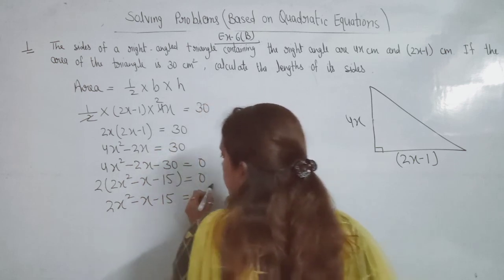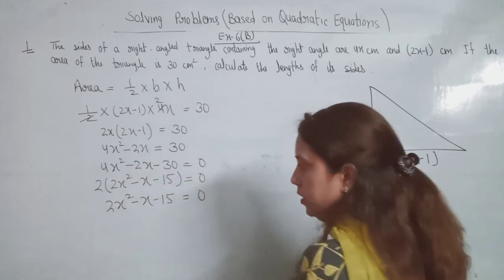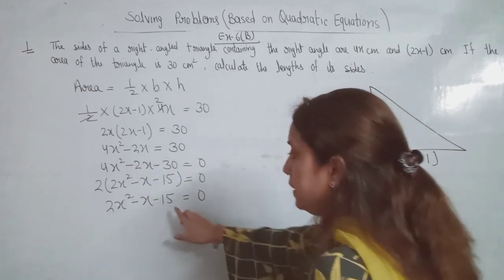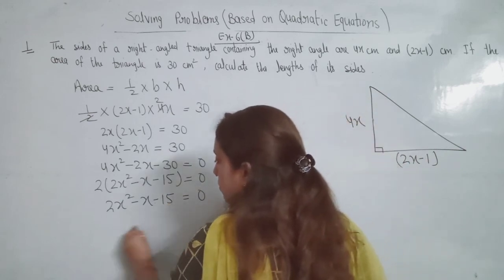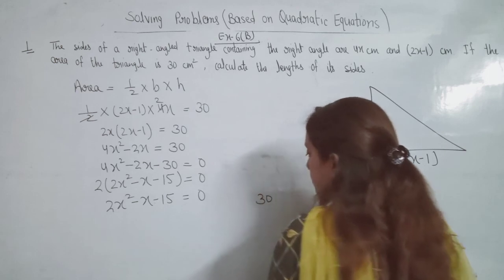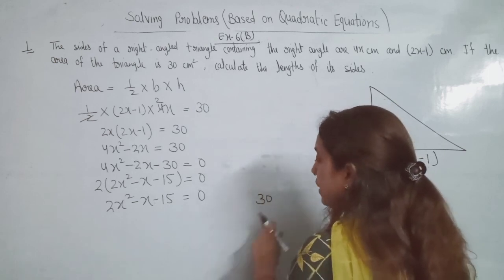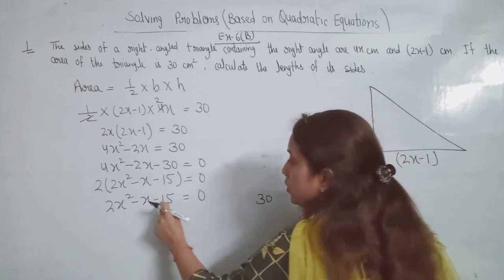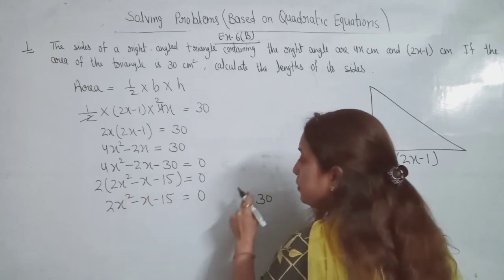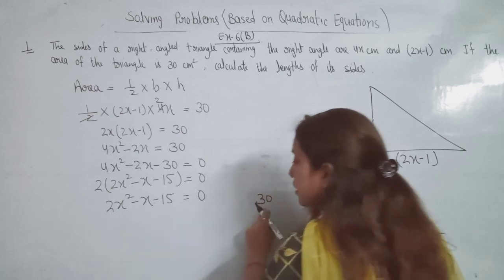So the equation is 2x² minus x minus 15 is equal to 0. Now this is the quadratic equation. Here I am using the middle term splitting method. So first we multiply 2 into 15, 30. Now take two factors of 30, where the difference is 1 and the product is 30.